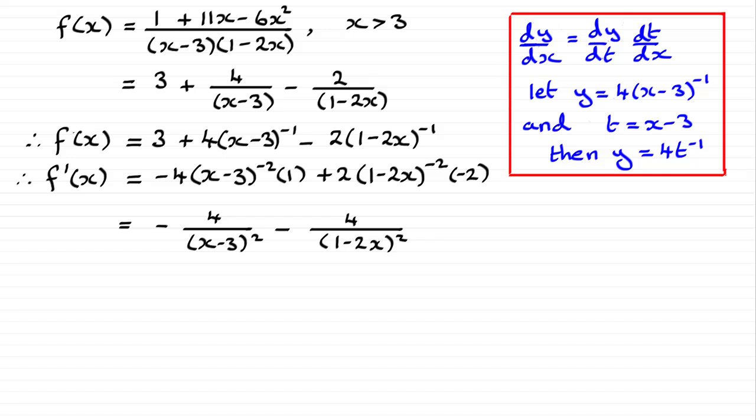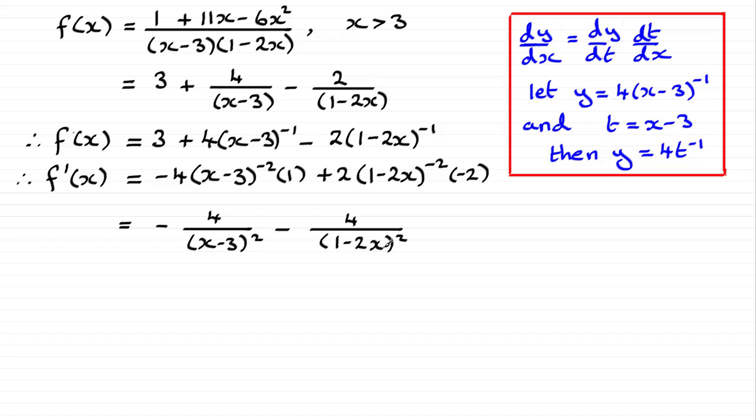Now we should be able to see that this is a decreasing function, because in the denominator here you've got a squared value. Same applies over here. So both the denominators here are going to be positive values. So we've got minus 4 over a positive value, so this term here is going to be negative for any value of x. And the same argument holds for this.